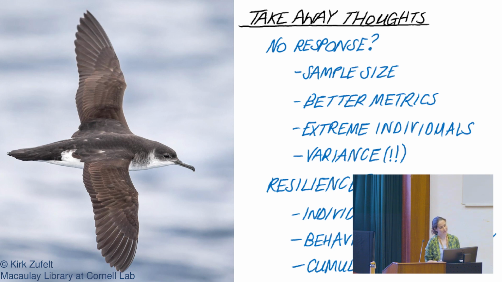And as Sam talked about this morning, maybe we need to have a little look at variance. And then in terms of climate resilience, obviously we don't see any effects of the heat wave here. We track birds over multiple years, so by definition, we're tracking experienced birds. So maybe these birds are already able to cope, and so far, this heat wave has not affected them, and they've just been able to respond.